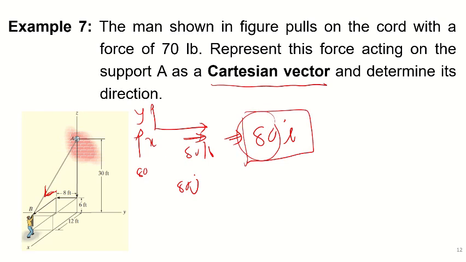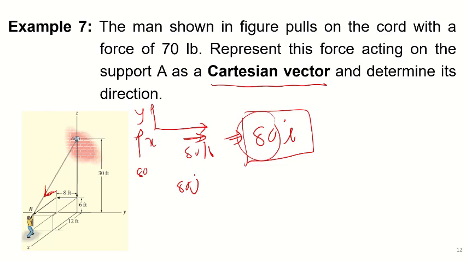So in here also, if we find the unit vector along the AB direction, then we can express this force in Cartesian vector form, right?